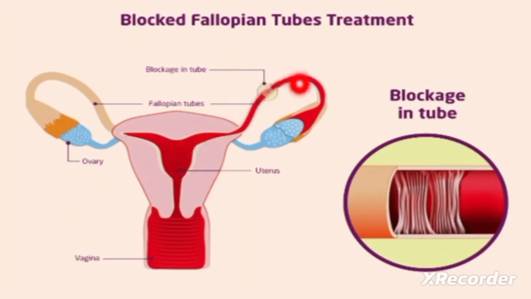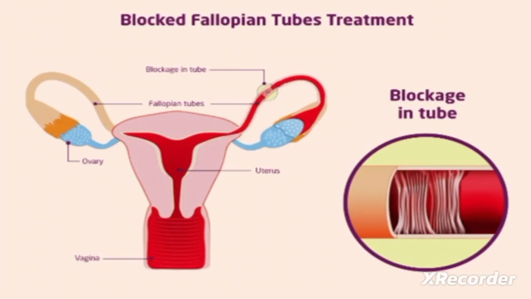Fertilization can take place here, but for the zygote to be implanted in the uterus is a challenge, because there is a roadblock here. The fallopian tube has been blocked, so the blockade can lead to infertility.